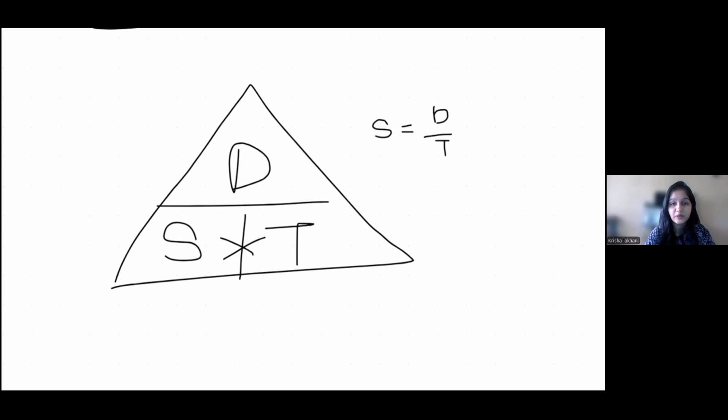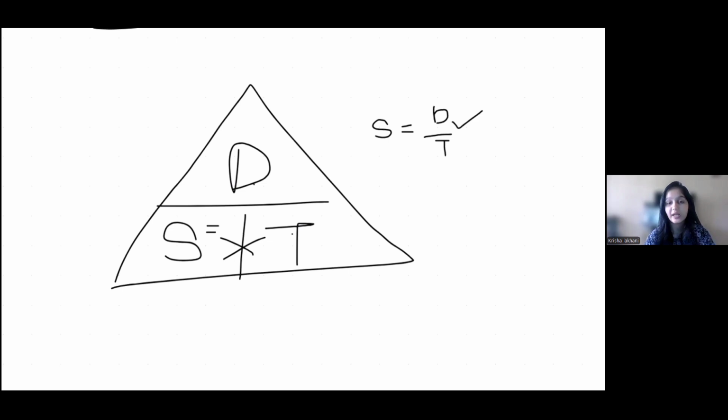Now I'll give you one small easy trick to remember: speed is equal to distance upon time. Speed is equal to distance ऊपर है, time नीचे है. That is what the formula is. Now let's find it for time.